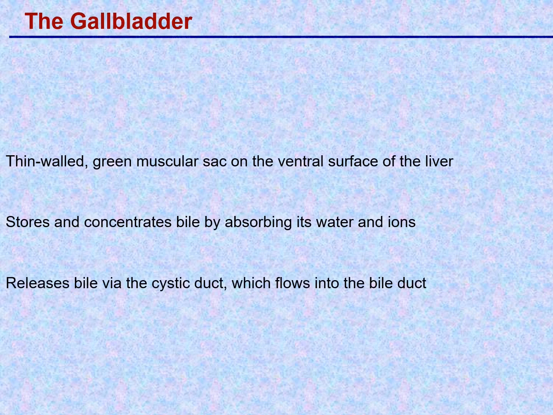The gallbladder is a thin green sac on the lower ventral surface of the liver. It stores and concentrates bile. There's absorption of water and some ions from the bile so that it's more concentrated. It will release the bile down a duct into the bile duct and into the duodenum when a person eats a fatty meal.